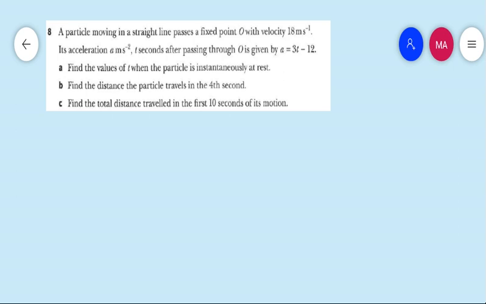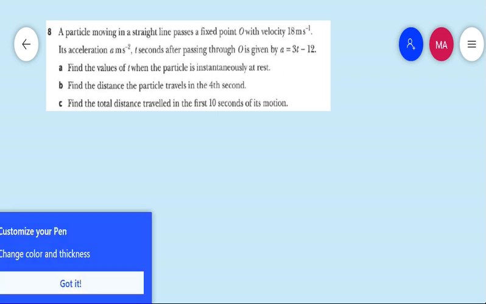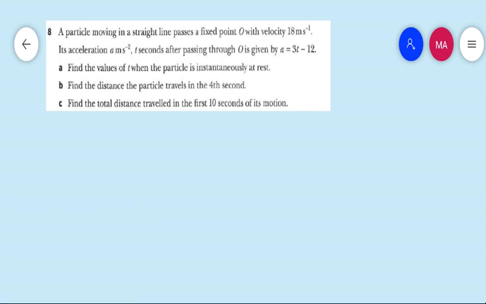A particle moving in a straight line passes a fixed point O with velocity 18 meters per second. Its acceleration a meters per second squared, t seconds after passing through O, is given by a = 3t - 12.